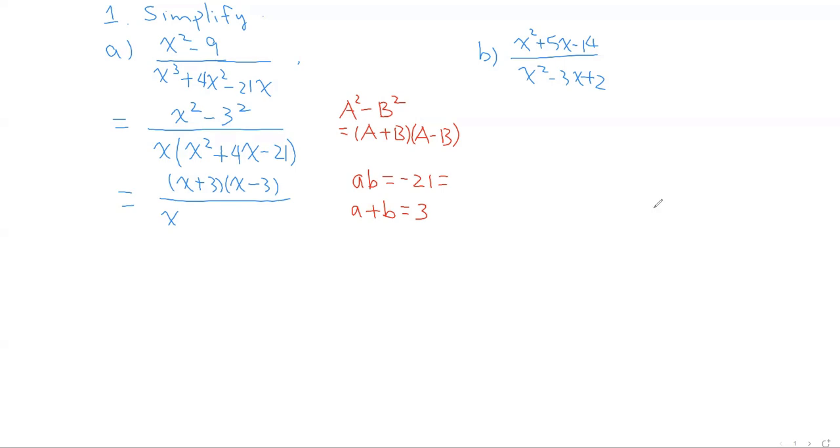And this x squared plus 4x minus 21 is a trinomial with leading coefficient 1. So to factor this trinomial, we need to find two numbers, a and b, where a times b equals negative 21, and the sum a plus b equals 4.